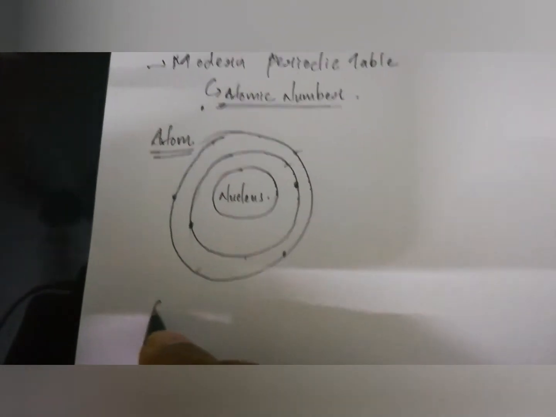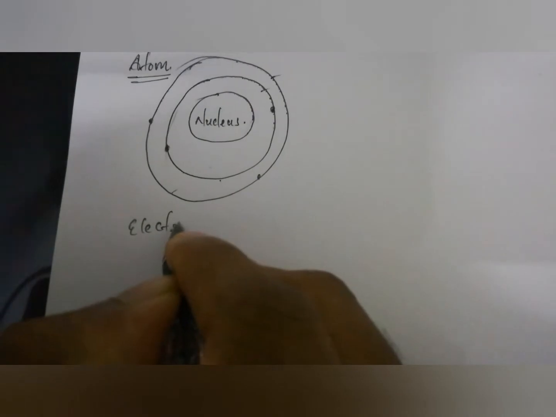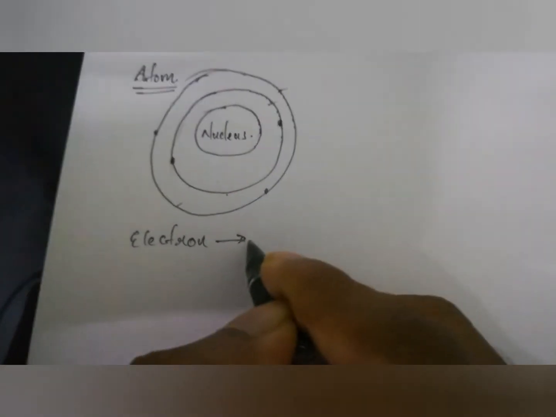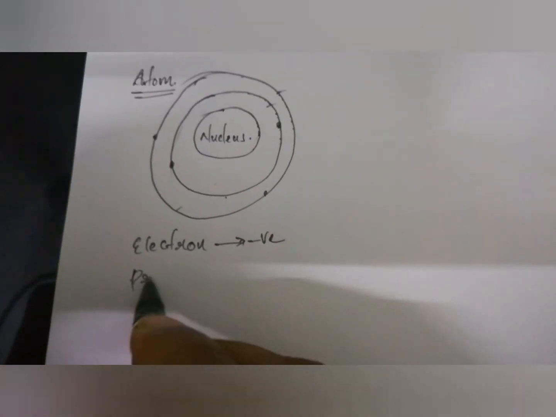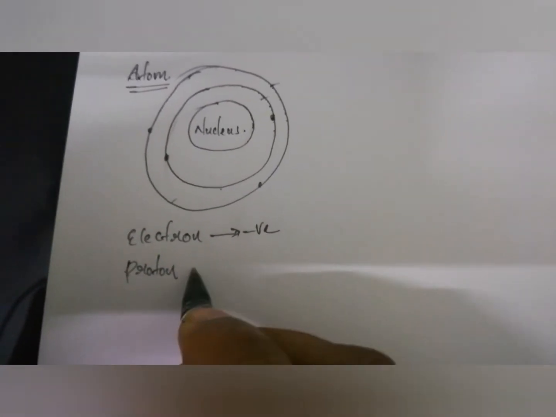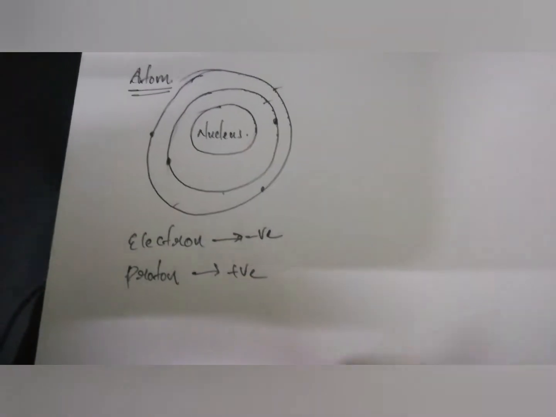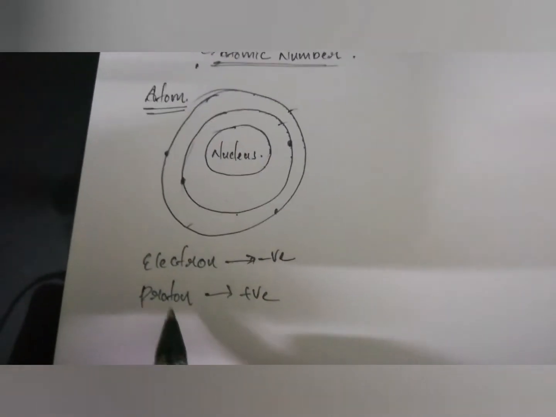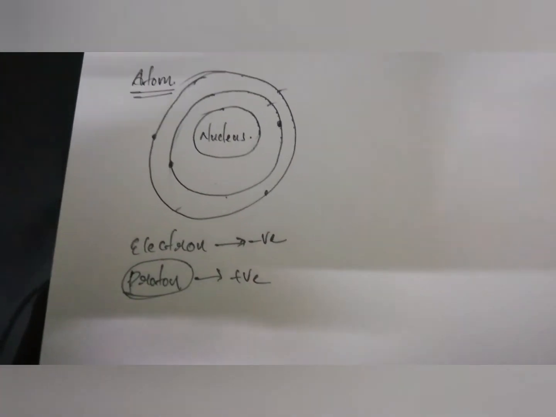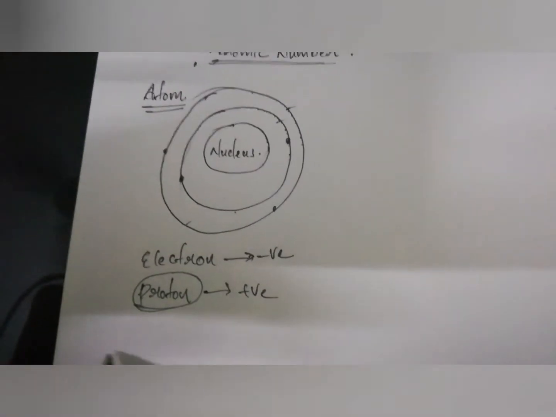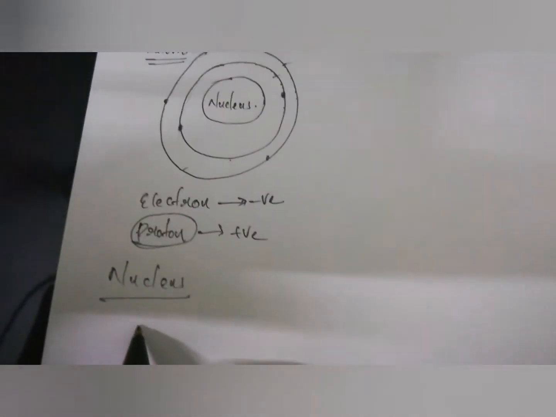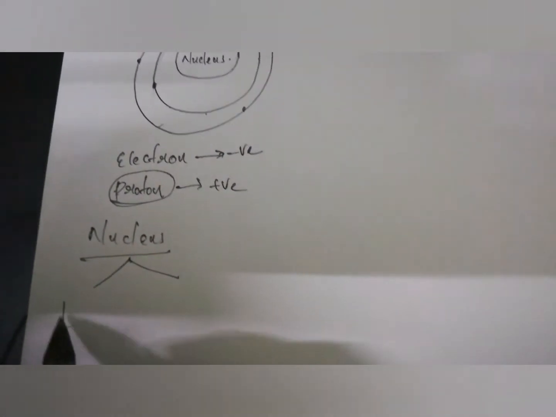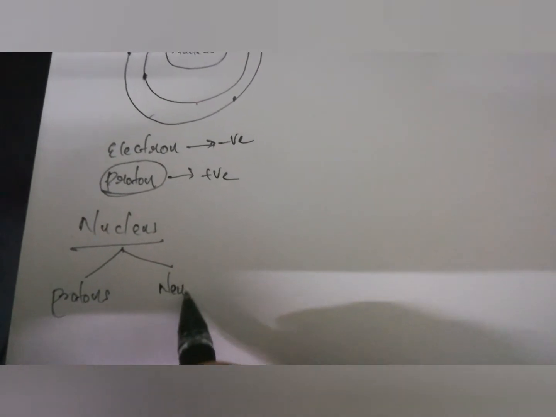The charge of an electron is negative. The charge of a proton is positive. Then where is the proton? The nucleus consists of protons and neutrons.